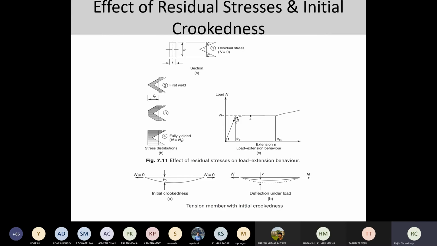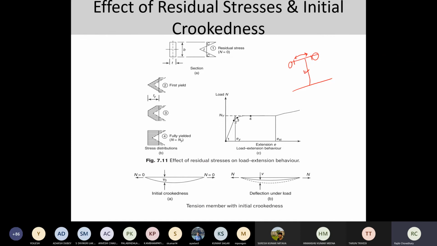Initial residual stress will always be there, definitely, because of the thermal quenching process. All our structural steel components go through a typical heat treatment process, and during the cooling down, for example, if I take an I section, up to this point the cooling would be slower. The flange, this outer portion, would cool faster.